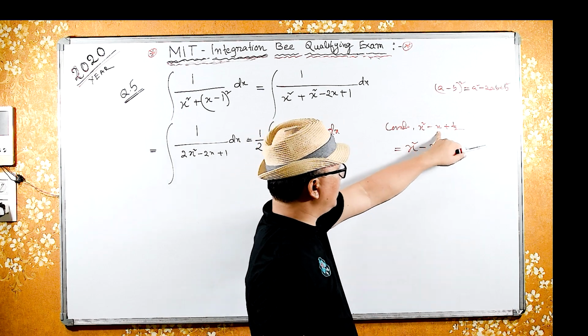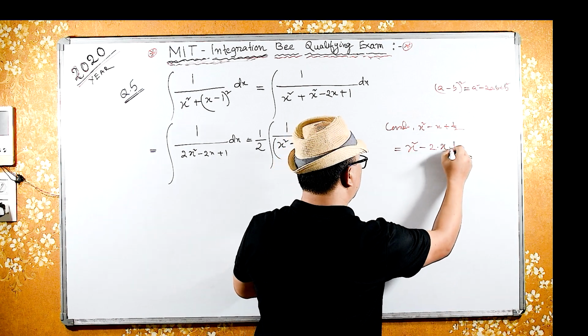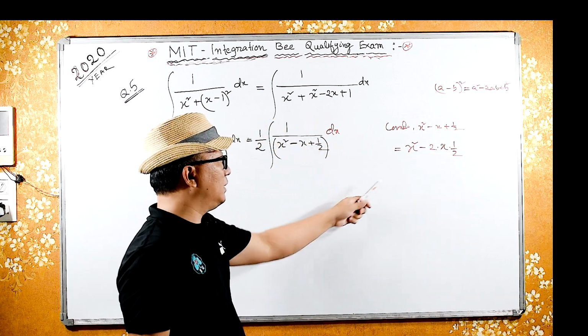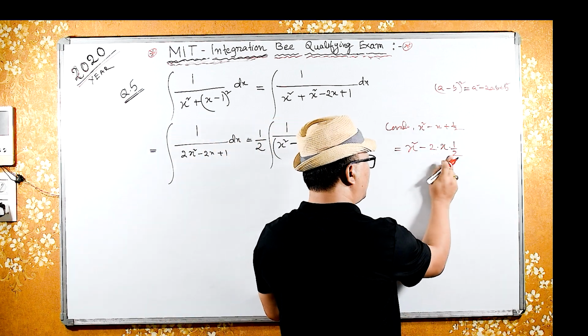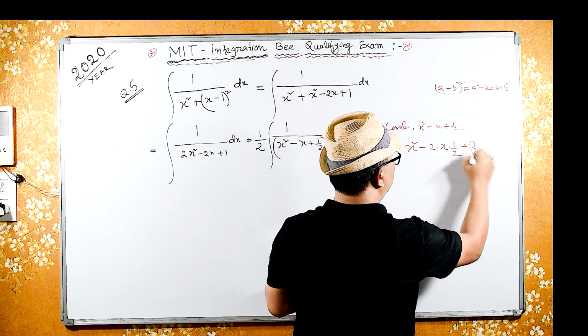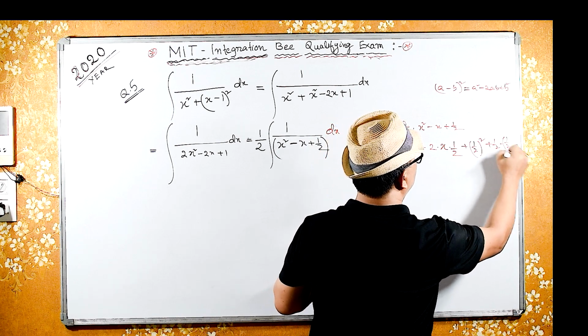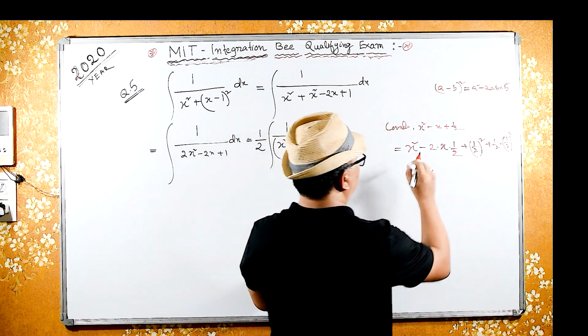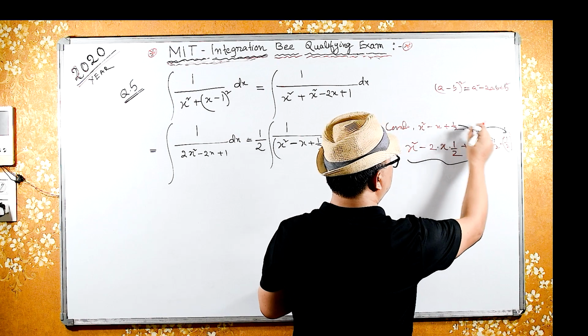But I need to get only minus x. I already have minus 2x, so in order to get minus x, I need to put half. The 2 gets cancelled, x. A square minus twice ab plus b square, I need plus half minus 1 by 2 the whole square. Why? This is extra. I'm cancelling with this. This half is over here.